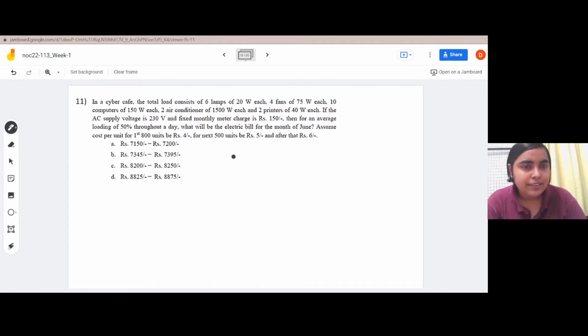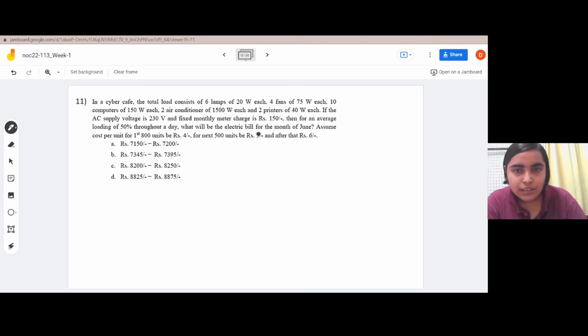In a cyber cafe, there are lots of components, such as 6 lamps of rating 20 watt, 4 fans of 75 watt. Similarly, there are computers and air conditioners and printers. The cost of meter rent is given, and it is said that there is 50% loading throughout a day.